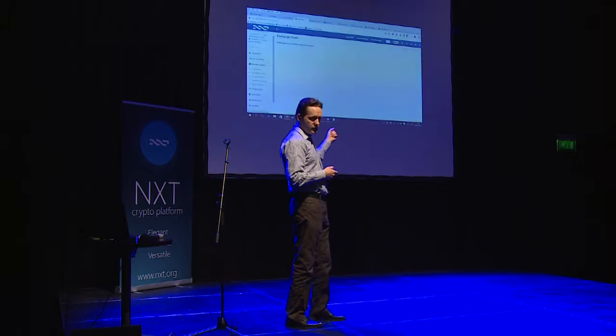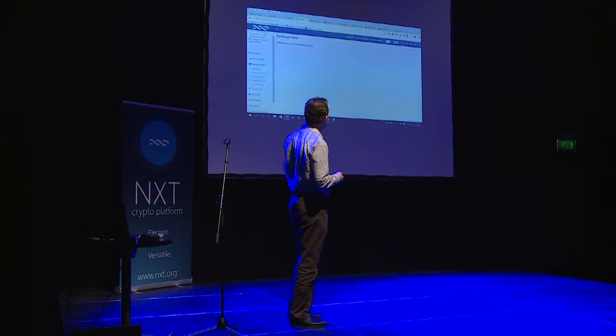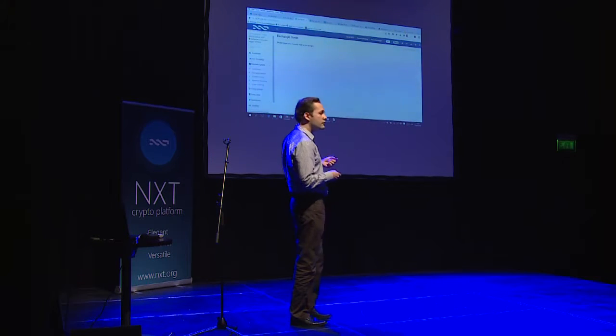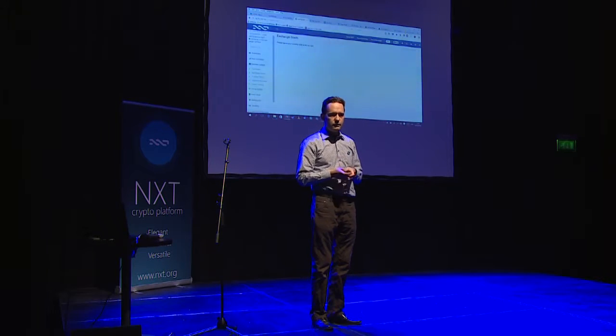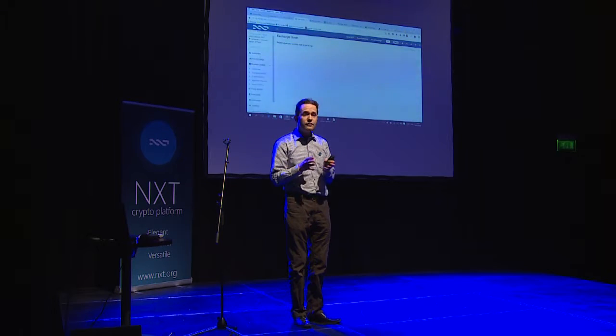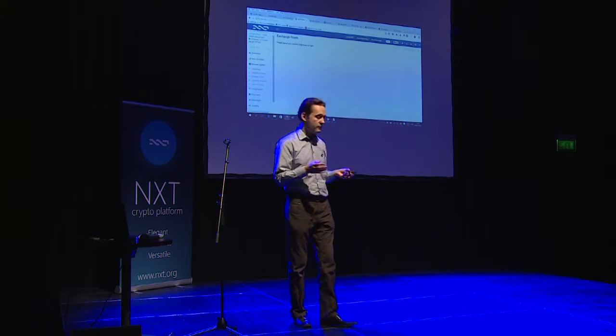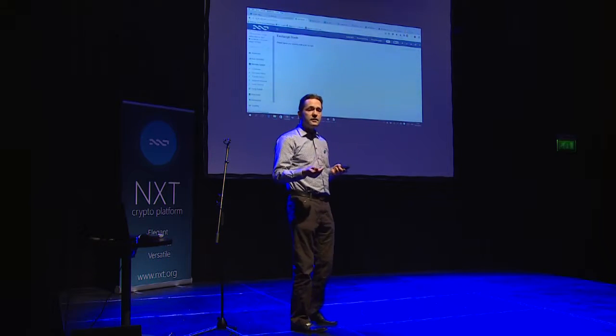One other thing that is really basic about NXT and that I think is really essential and why I like it a lot is that cryptocurrency is made to eliminate the intermediaries. So we want to get rid of intermediaries that potentially can be harmful, like I gave the MasterCard example, and unneeded.